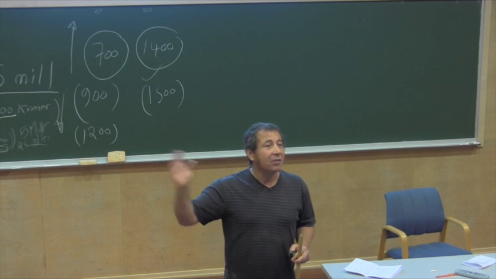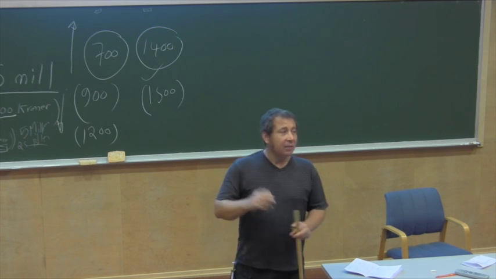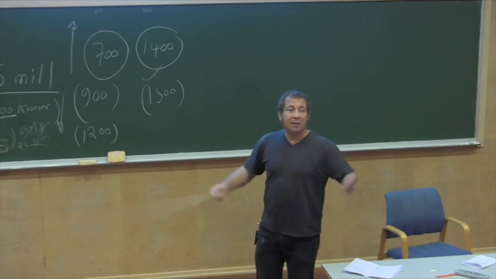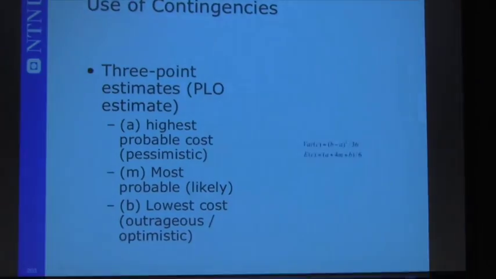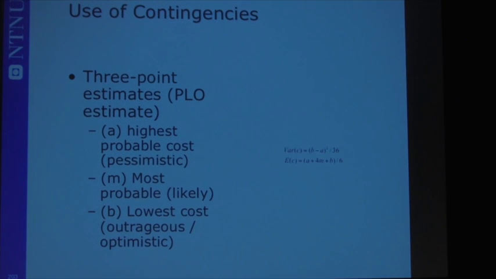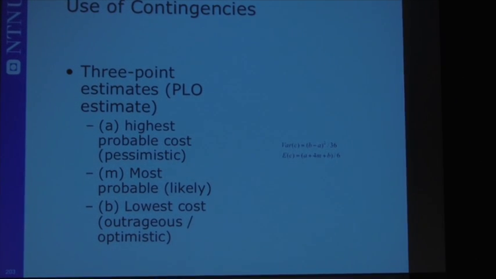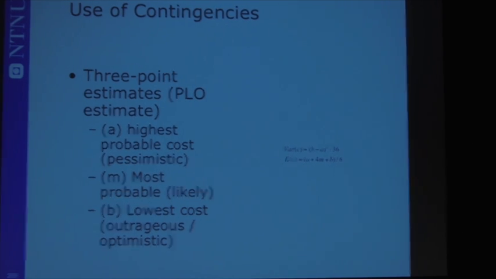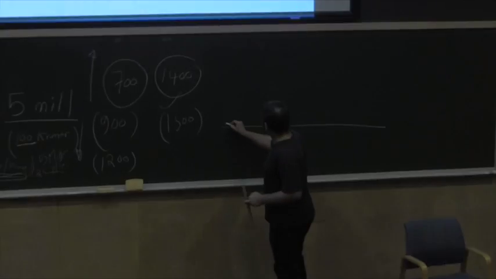It is somewhere there. And then we use statistical methods, for instance, beta distribution, in order to find out what is the expected value of your estimates. If we look at the distribution, this is your estimates.